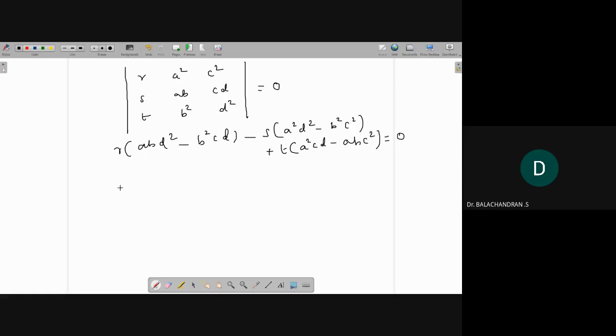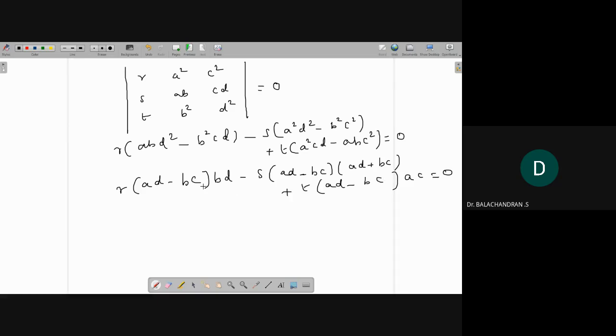Here what is common? bd is common here. So r into, if I take bd common, remaining you have ad minus bc, minus s into, a square minus b square, so a plus b into a minus b, so ad minus bc into ad plus bc, plus t into, here a and c is common, remaining we have ad minus bc, equal to 0.